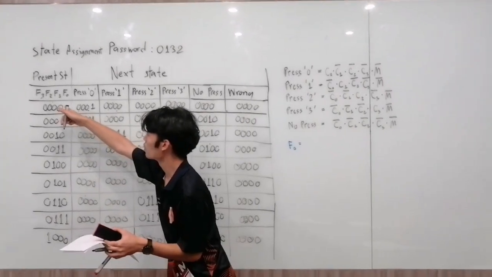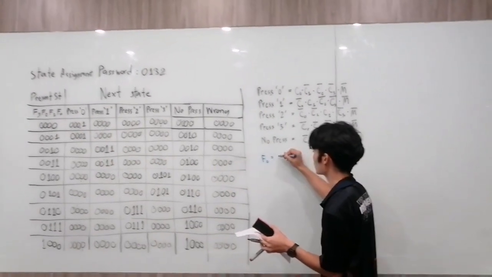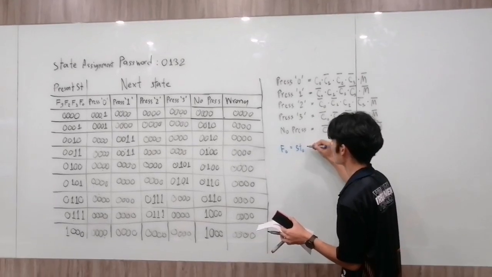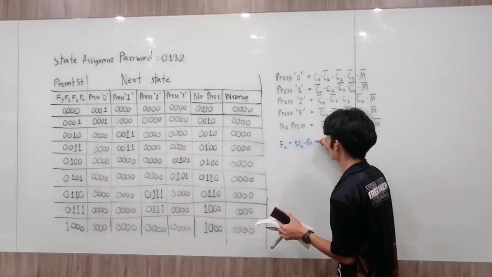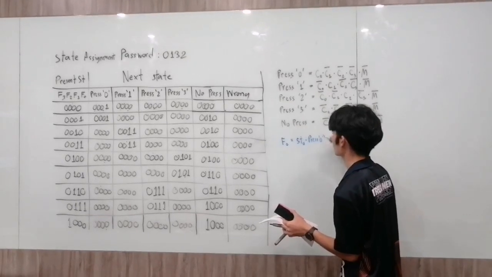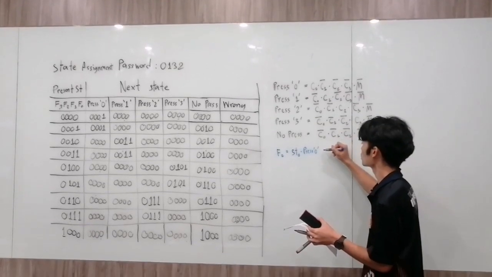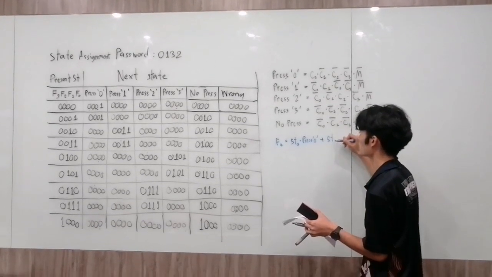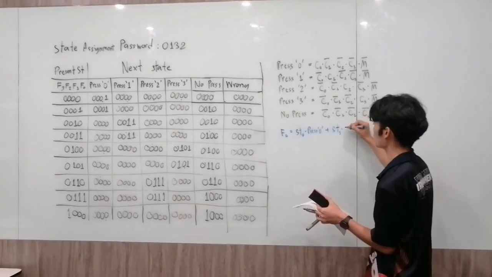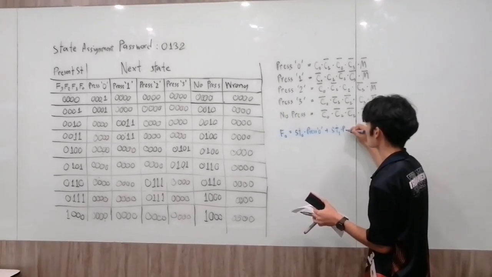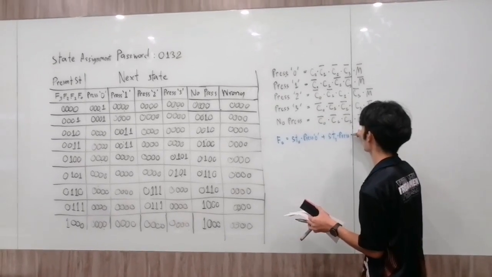So we get F0 is state 0 and with press 0, or with state 1 and with press 1.